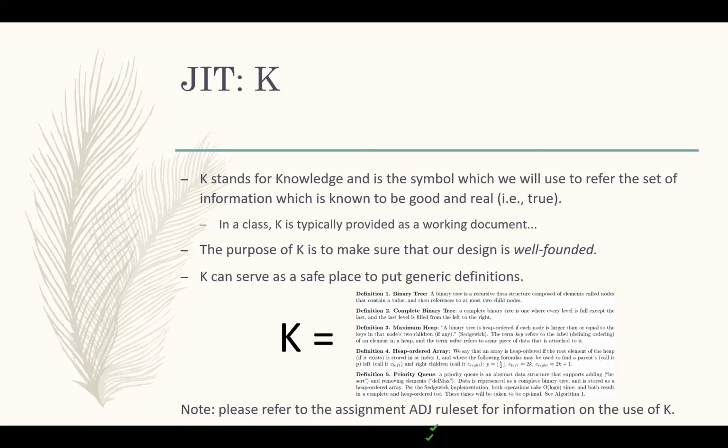Rather than just jumping straight to talking about heap ordered arrays inside of my algorithm, write down those definitions in a separate document and maintain those. The idea is that we want to all be on the same page. So I can either tell you to come up with a separate document that has your definitions ahead of time, or have a class-wide one.